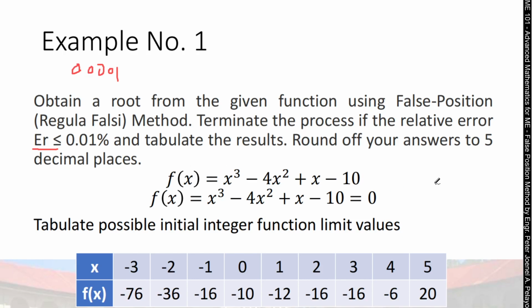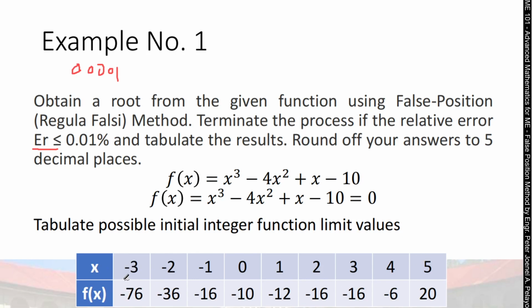So, ang given is f of x is equal to x cubed minus 4x squared plus x minus 10. So, in-equate ko lang siya to 0. And then, tinabulate natin yung possible initial integer function limit values. So, as you can see, ang x natin is from negative 3 to 5.